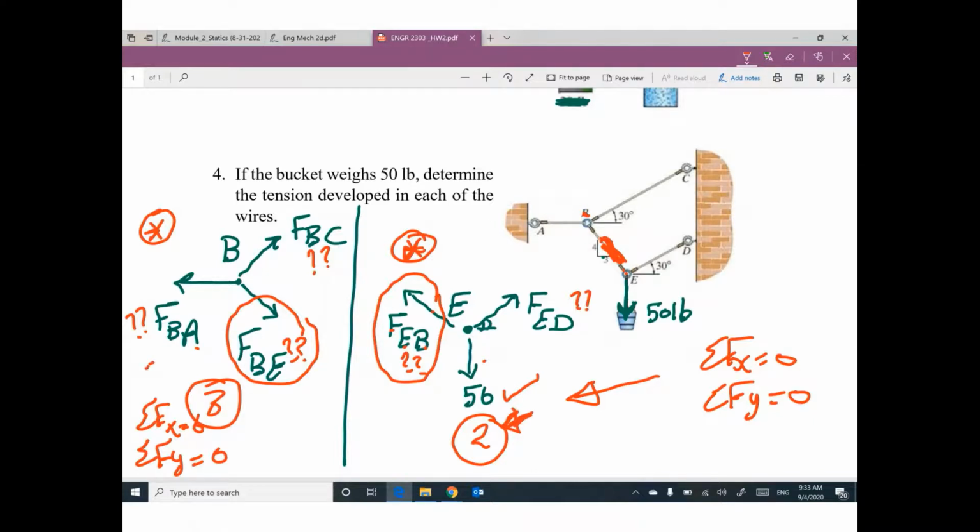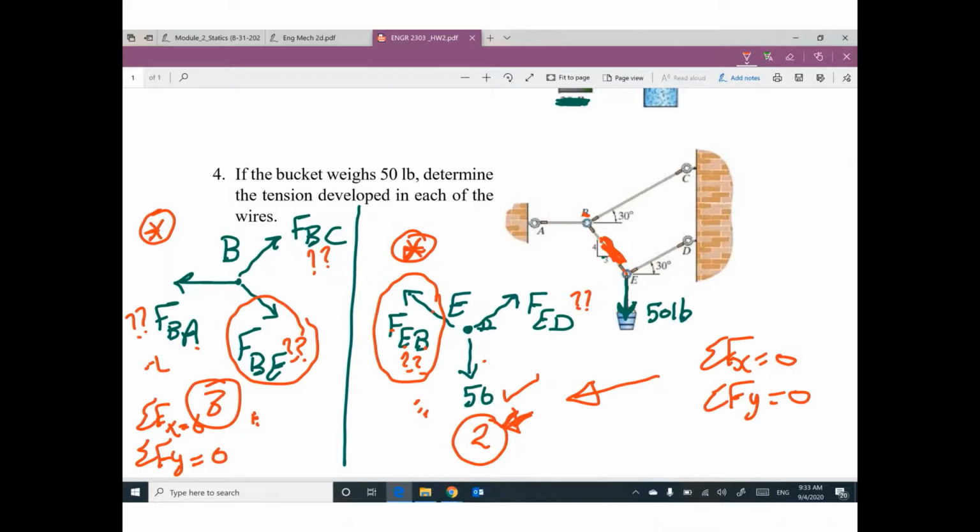You will not get anything. You will set up your equation and have many unknowns and fewer equations. You cannot solve to get your unknowns, so you have to wait for this one. So I'm advising you to start with this one to get numbers, to get results. Then go ahead and solve for the other one to get the remaining forces.